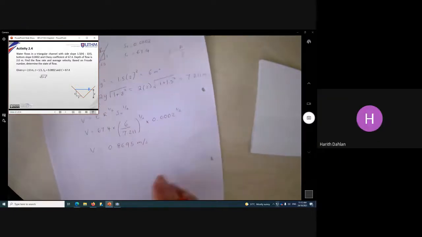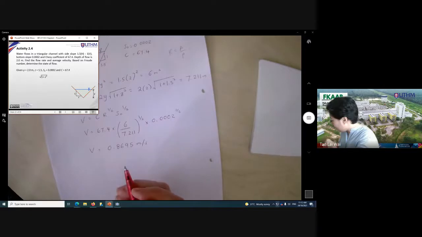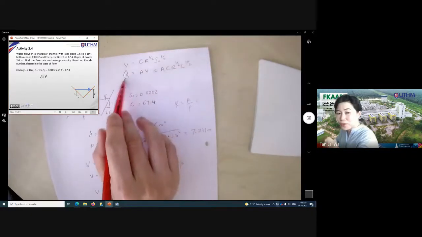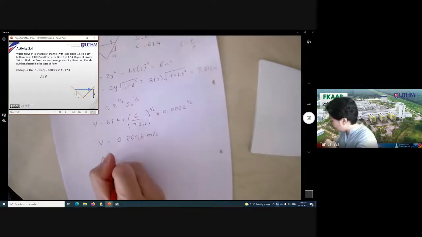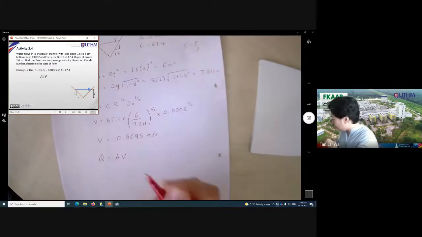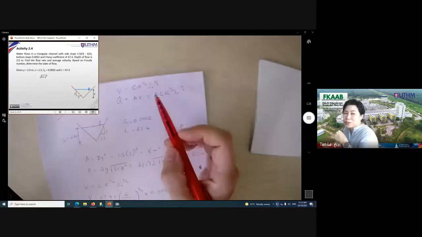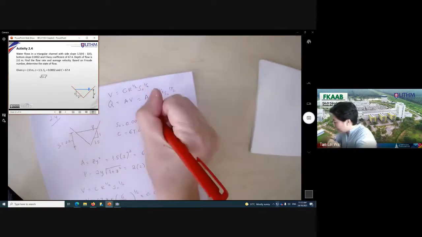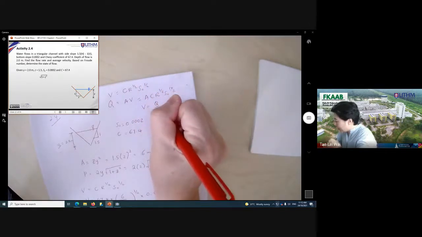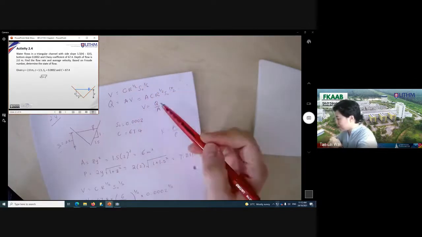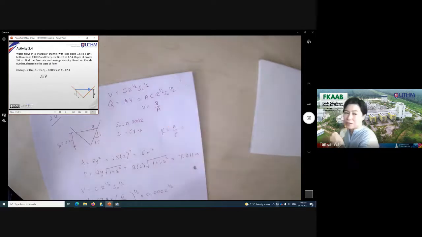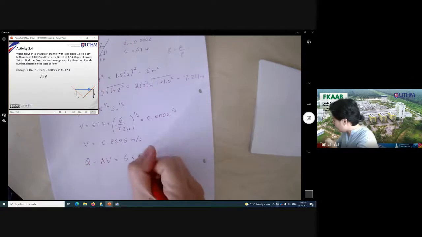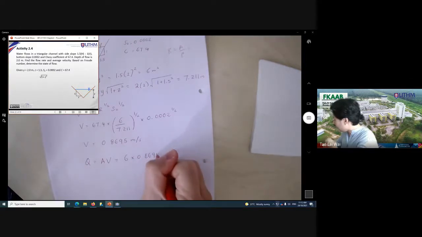Now, once you have the velocity, therefore, you can actually find your rate of flow already. So basically, Q is equal to A times V. Either way, you can find Q first, then V would be Q divided by A, or you can find V first, then Q would be A times V. So therefore, 6 times 0.8695.